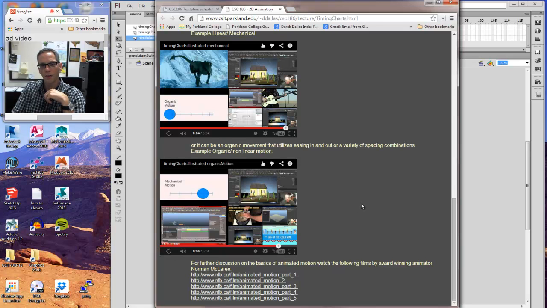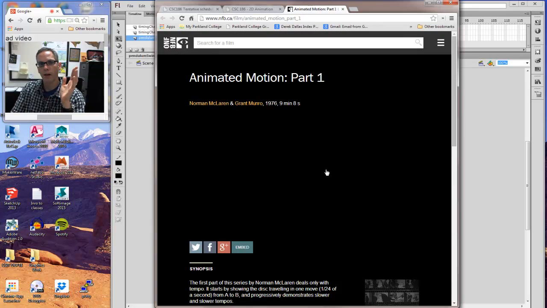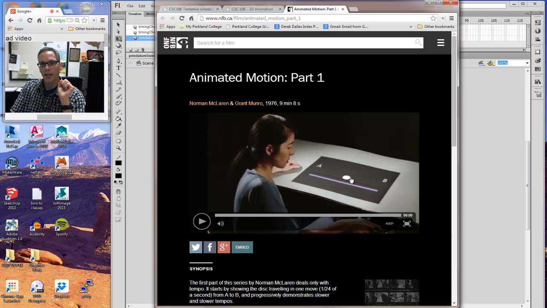Now, you're going to look at several videos created by the renowned animator Norman McLaren. And he does some incredibly good and accurate descriptions of this idea of timing and spacing and the effect it has on the way things move and the way we interpret that movement. You can give a playfulness quality to your objects by how it moves.